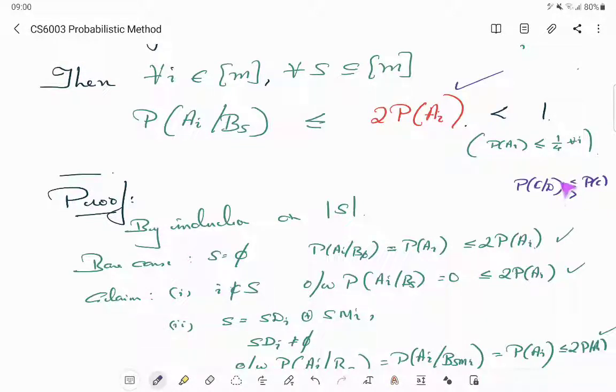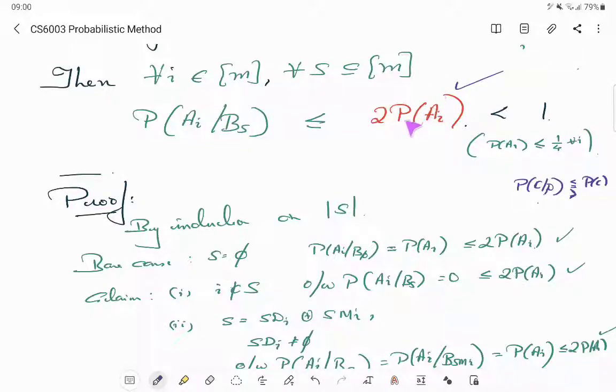Equal happens when there is an independence, but the other cases are also possible, right? So if it is greater than P of C, we say that the dependence of C on D is positive, because once D happens, the probability of C happening increases. If it is less than P of C, then we say that the dependence is negative. Okay, but now with this here, the denominator is a negative of events.